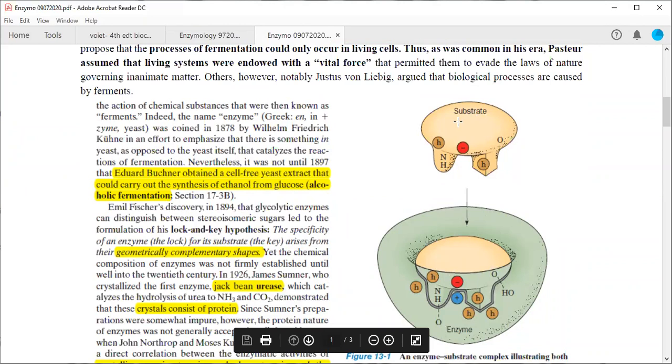It can make more interactions, and we know that most of the interactions between the substrate and enzyme are non-covalent. More interactions mean more binding energy, and the enzyme is able to catalyze the reaction by lowering the activation energy of the reaction.